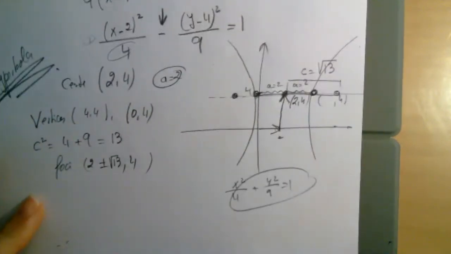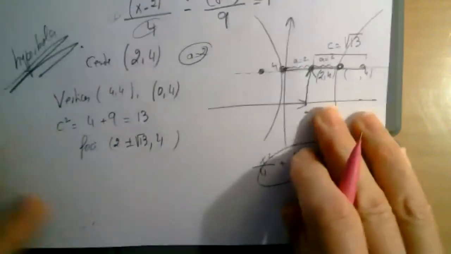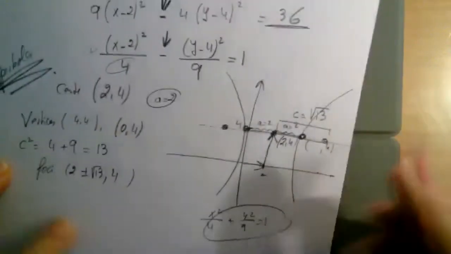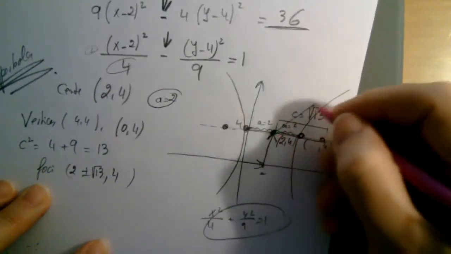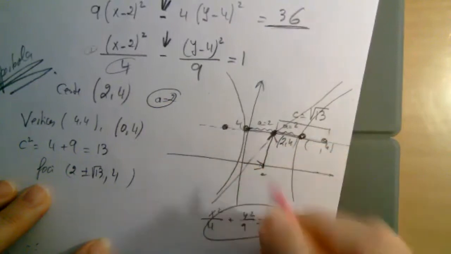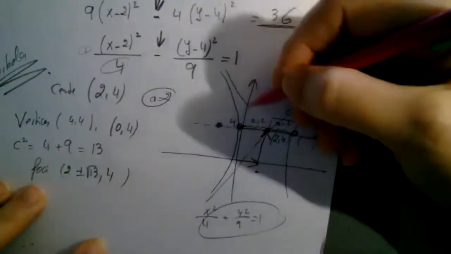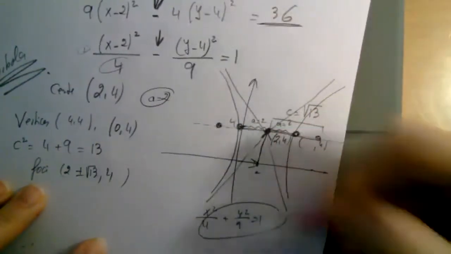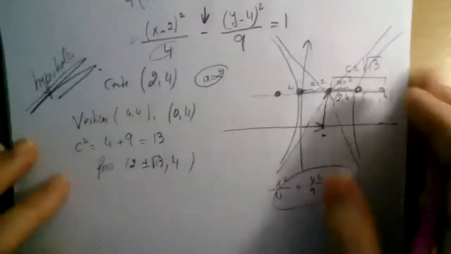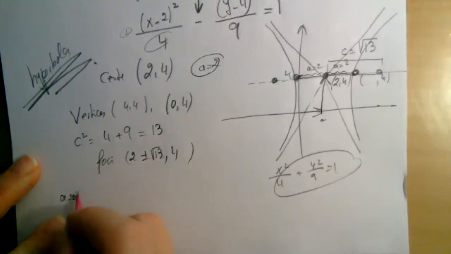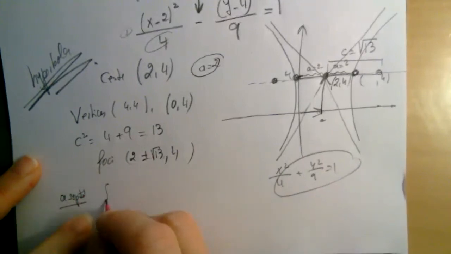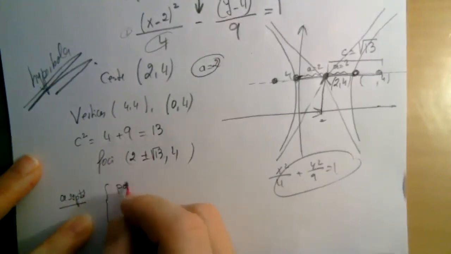Finally, the asymptotes, which sometimes give us a hard time, but they shouldn't. What are the asymptotes? As I said yesterday, the asymptotes this time go through the center, 2, 4. So this would be a point on the asymptote. For the asymptote, it's a line, so we need a point and the slope.